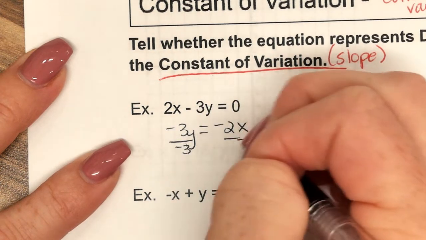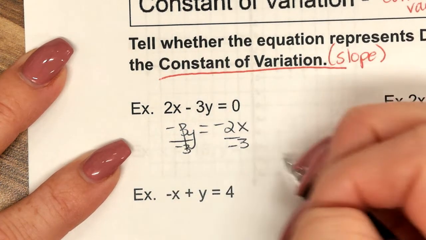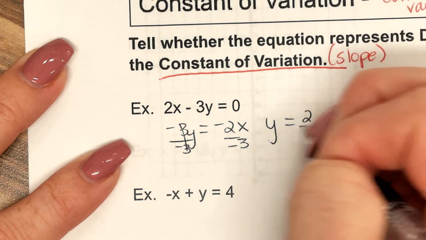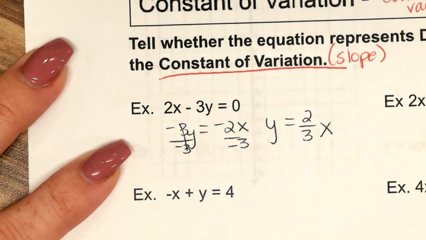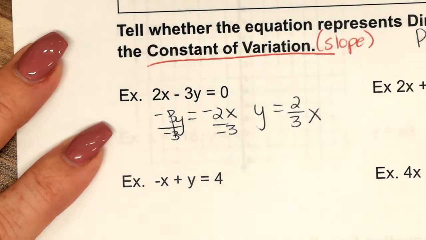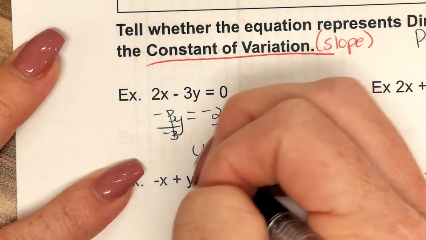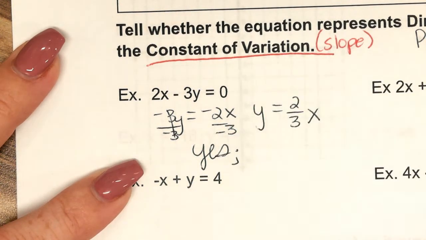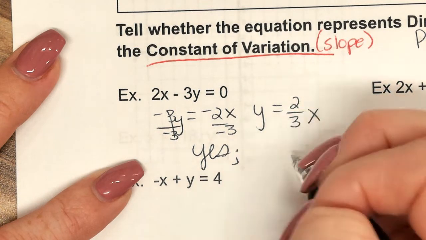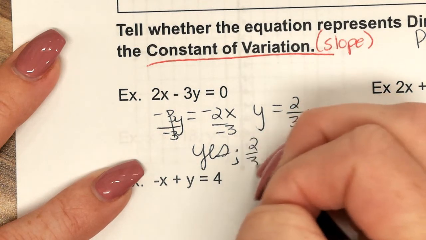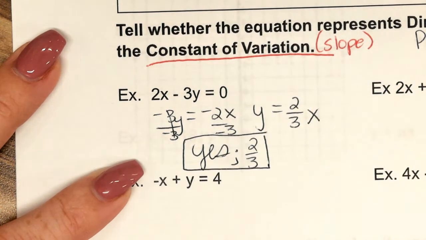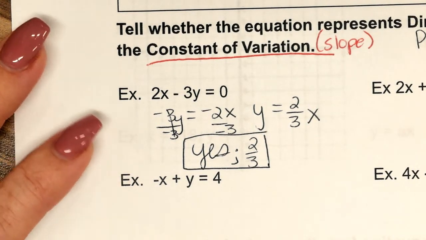Divide by negative 3. And I have y equals 2/3 x. Does that show direct variation? Yes. And what is the constant of variation? 2/3. The constant of variation is the slope.